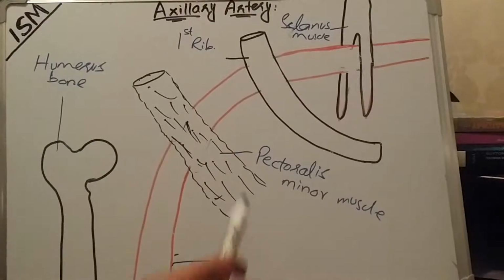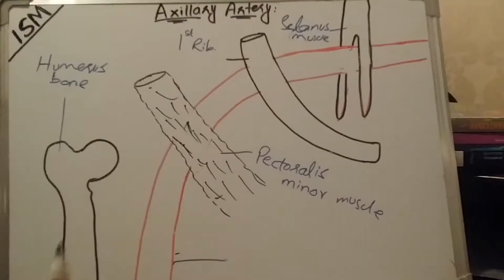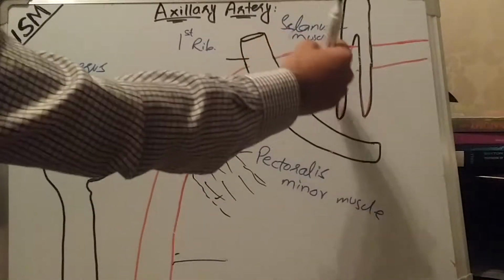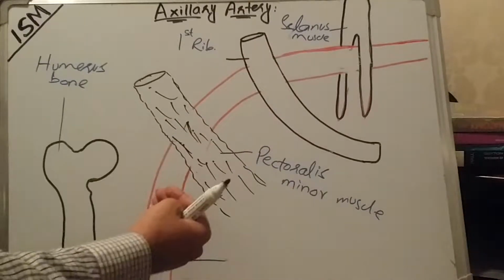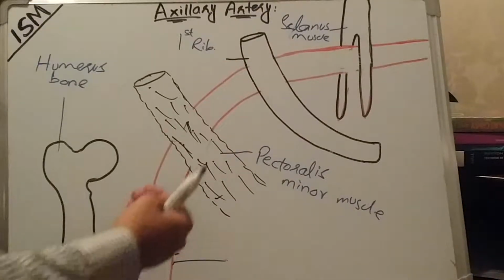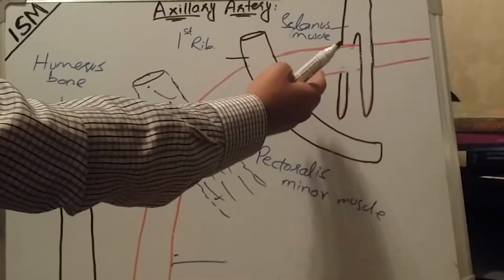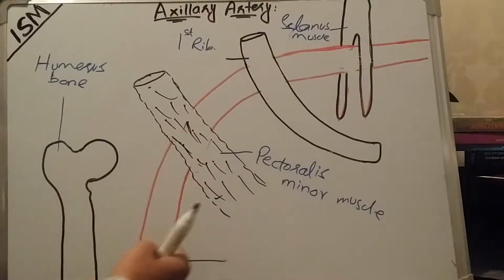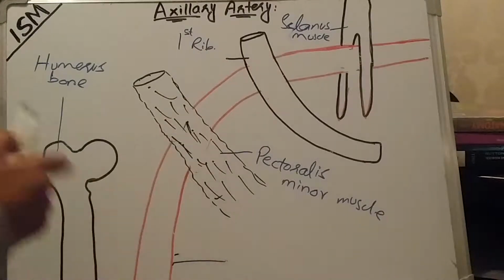There is no difference between the subclavian and the axillary artery, but one is before the first rib and the other is after the first rib, and according to their position they have been given the names axillary artery and subclavian artery. It moves toward the axillary side of the body after the first rib.